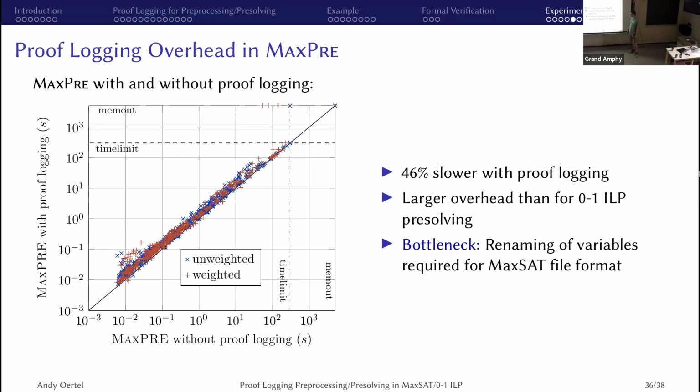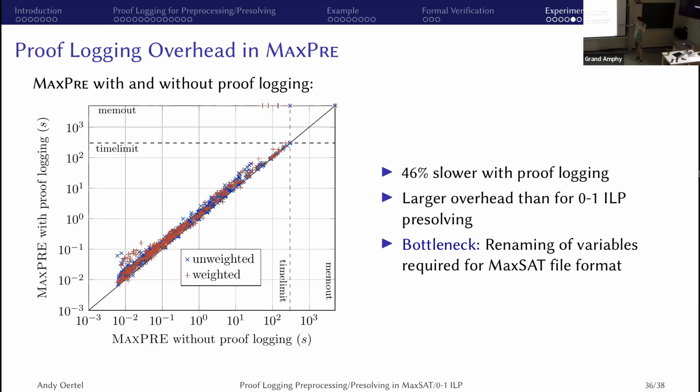The main reason for this is that the MaxSAT file format expects that all the variables are numbered sequentially. So at the end of this reformulation proof, we have to rename all the variables to compress them, so that they have sequential numbers.